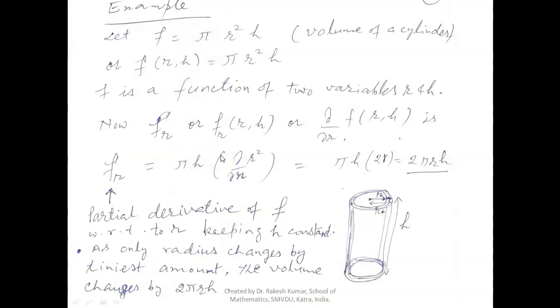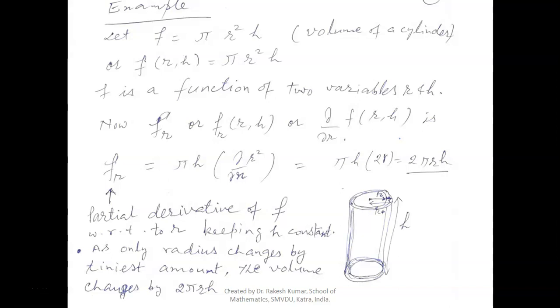Now we will try to understand with the help of an example how these partial derivatives can be used to study the rate of changes or the changes in practical situations. So let us first try to do this. Let f is equal to pi r square h, that is the volume of the cylinder.